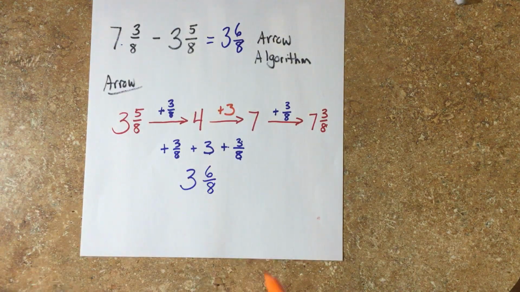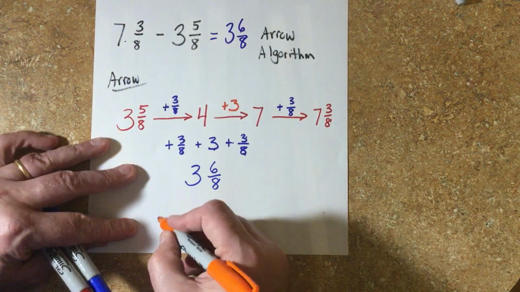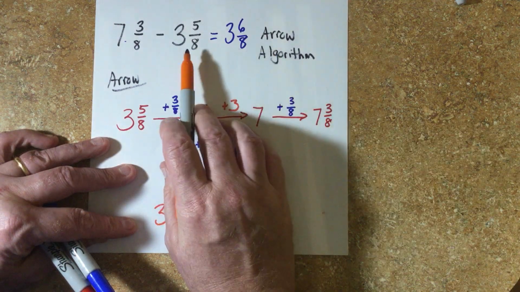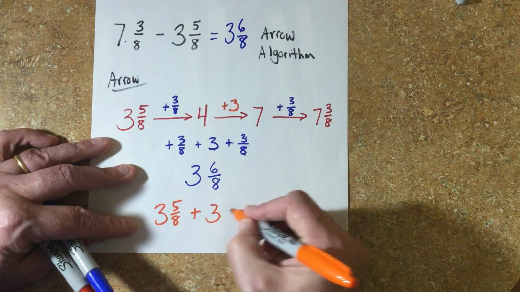I could check it by adding. I could go ahead and add 3 and 5/8, and that's this number here, plus the 3 and 6/8 that I got.